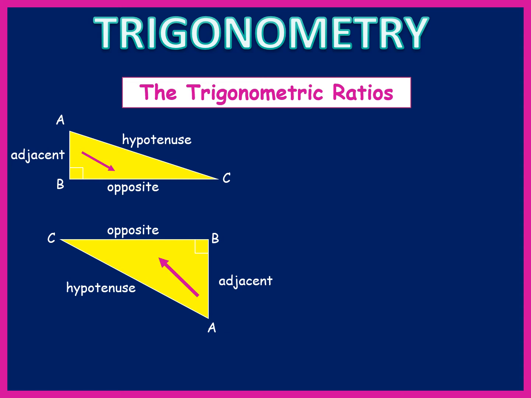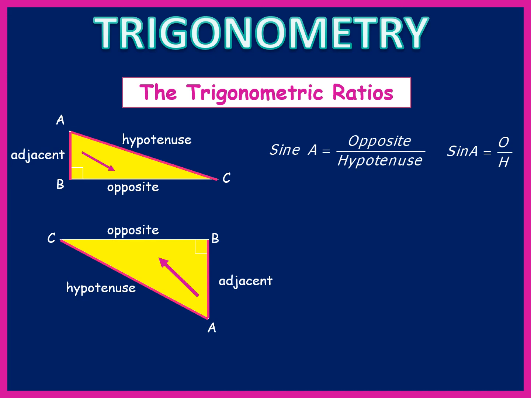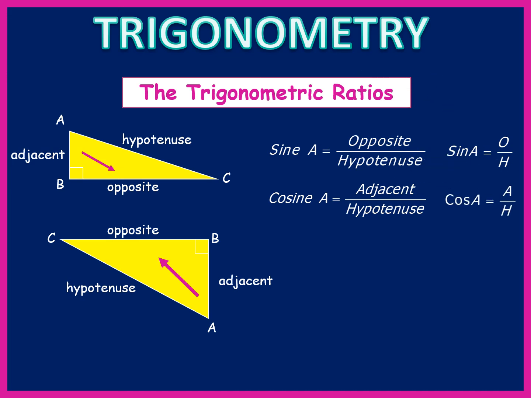Now, if you look at the relationship between the opposite side and the hypotenuse, we will be working with the sine function. And sine can be abbreviated to sin A is equal to opposite over hypotenuse. If we look at the relationship between the adjacent side and the hypotenuse, we're working with the cosine function, which we can abbreviate to cos A is equal to adjacent over hypotenuse.